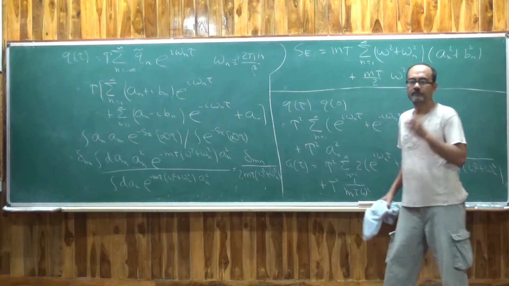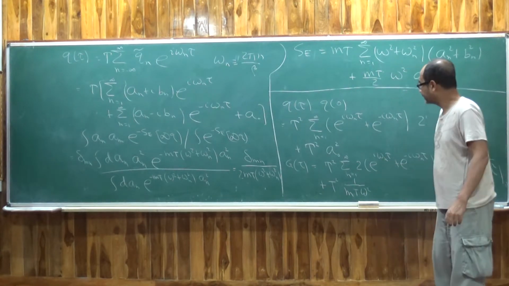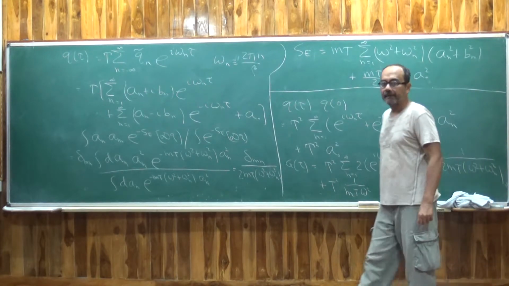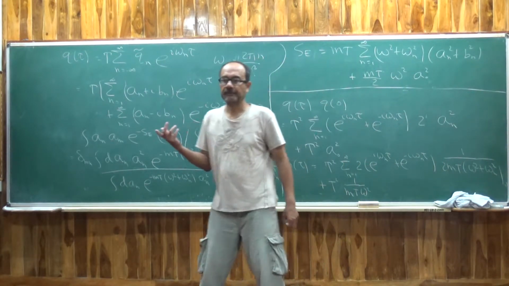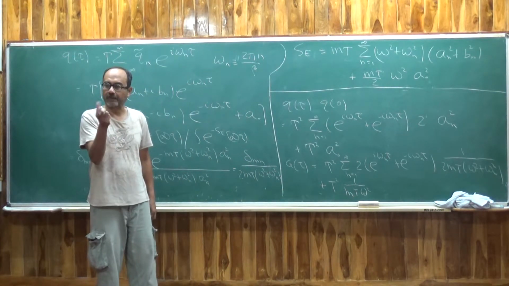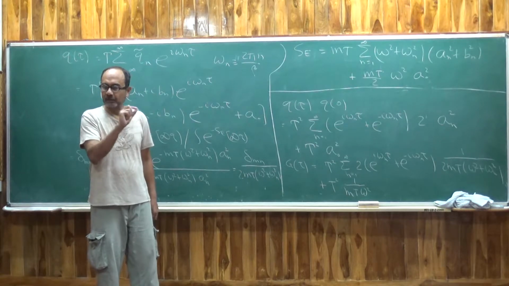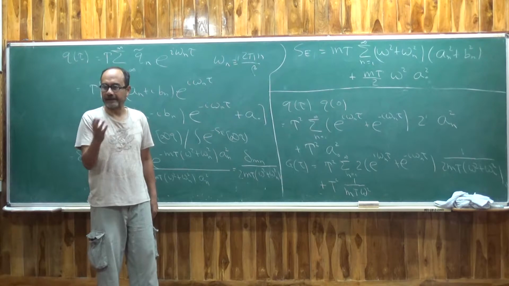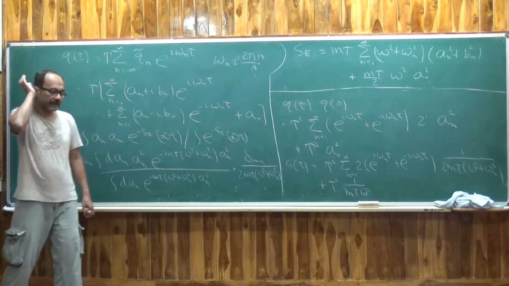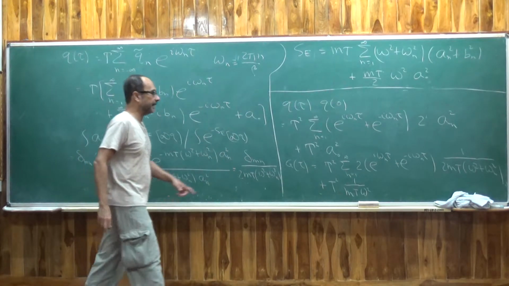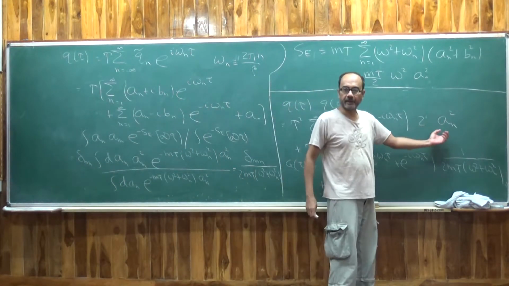There will be no term A0 and an? Yes, A0 an is there, but when you integrate, that gives you 0, because the exponential has A0 square and an square, but no cross term. Suppose you have A0 an, then the A0 integral will vanish by the A0 goes to minus A0 symmetry. That's why you only pick up the diagonal terms. Even the an, am terms go away because of this.